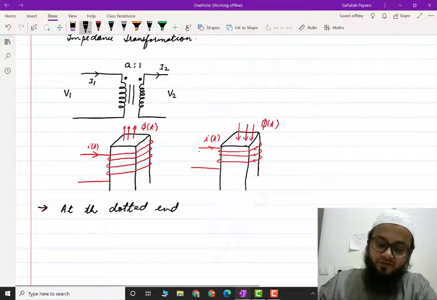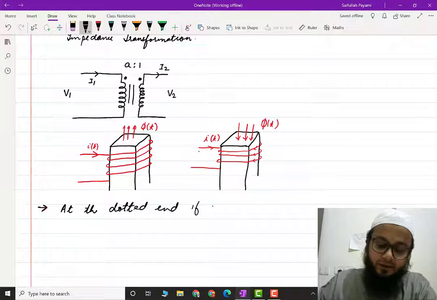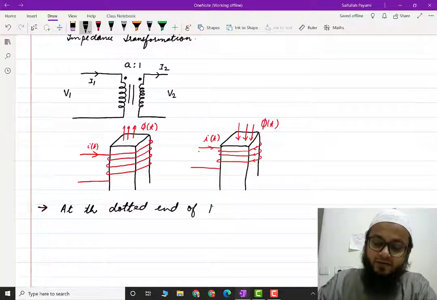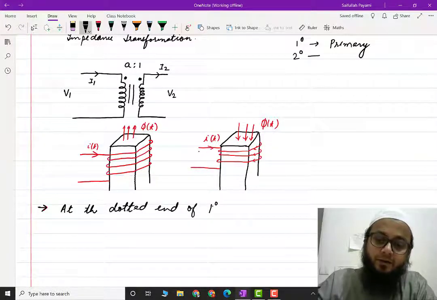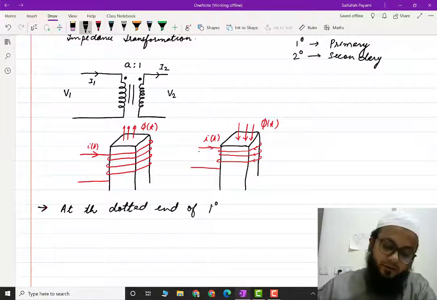For the primary I would be using a 1 degree notation, which stands for primary, and for the secondary I would be using a 2 degree notation, which means secondary.